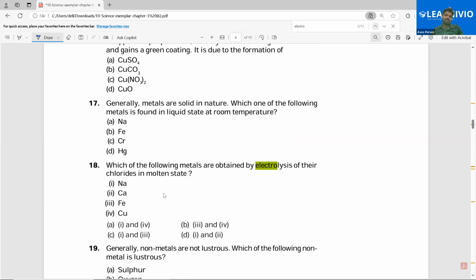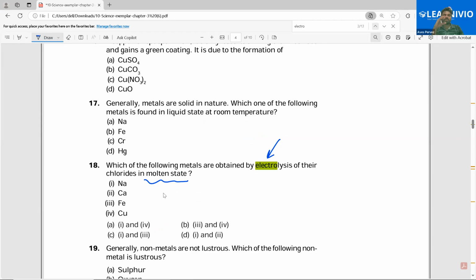Okay. When we are doing the electrolytic reduction of molten chloride, which metal is obtained? Which metal will you obtain? First of all, it is saying electrolysis of molten chloride.